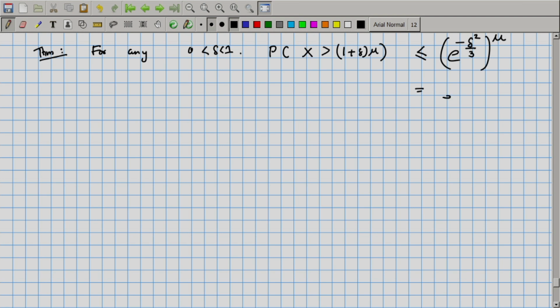Okay. So, this is e raised to minus mu delta square by 3. Okay. So, this is the form in which we are going to use the Chernoff bound.